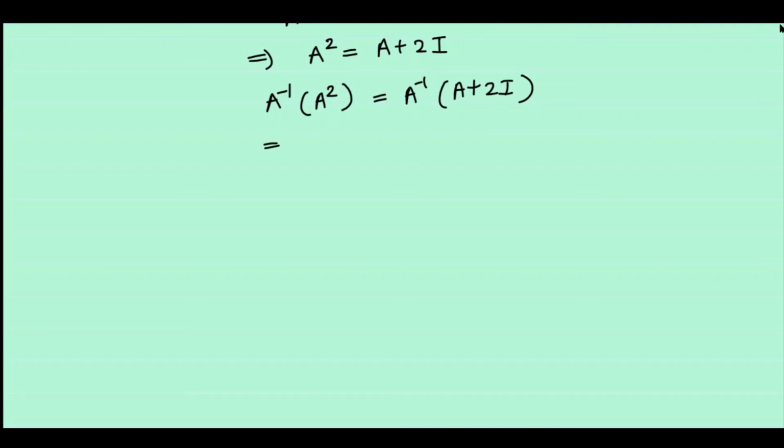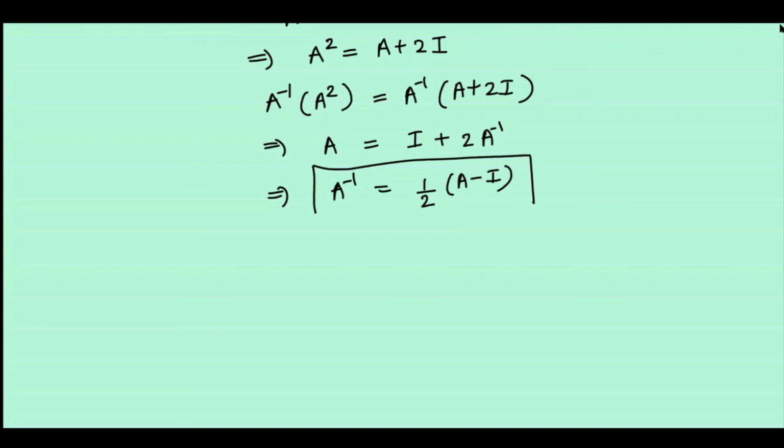So here we will get A equal to A inverse A, which gives you the identity matrix, plus 2 A inverse I, which will give you again A inverse. So this implies that A inverse is equal to half into A minus I. So we got a relation for A inverse.